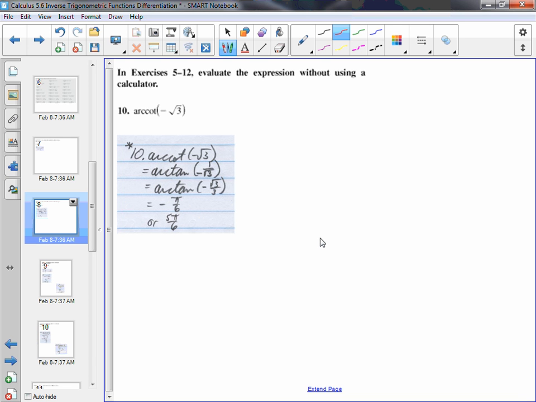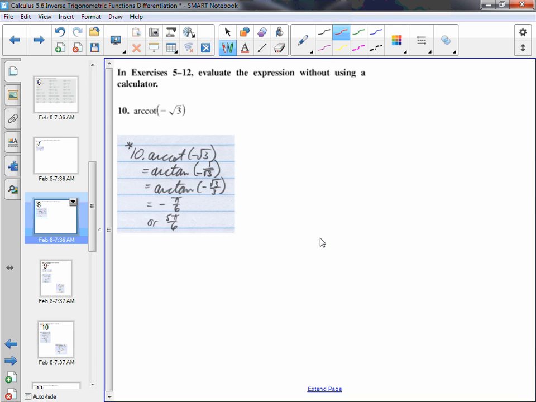And then that's the same thing, because I'm not going to be able to look that up on a unit circle or a table. Because they're going to write it in simplest radical form. So that's the same thing as the arc tangent of negative square root of 3 over 3. Now, the tangent of negative theta is the same thing as the negative tangent of theta. So that'll be negative whatever the arc tangent of radical 3 over 3 is. And that's pi over 6.